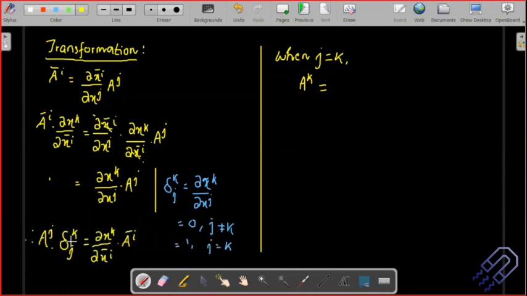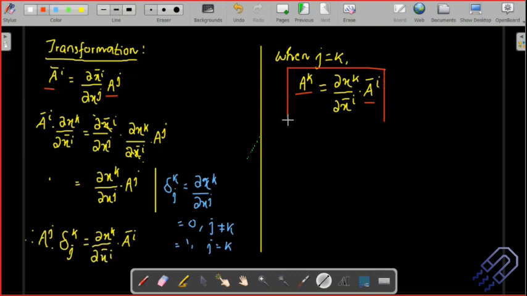So this Kronecker delta will become 1, nothing changes, and we have delta xk divided by delta x bar i into a bar i. That's the transformation equation. That's your transformation equation. Okay, so you see, you have gone from a bar i to aj to ak. You have just introduced one more component, which is k. One more basis vector we can say, which is k.